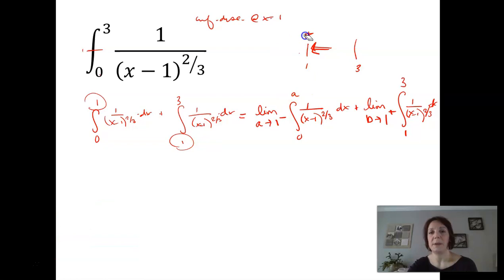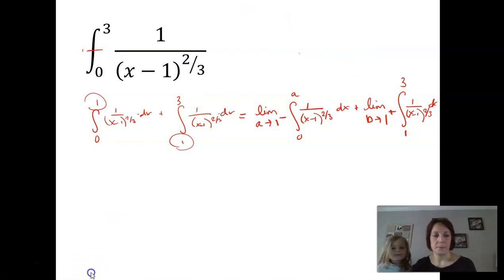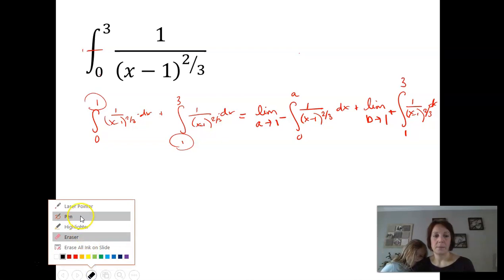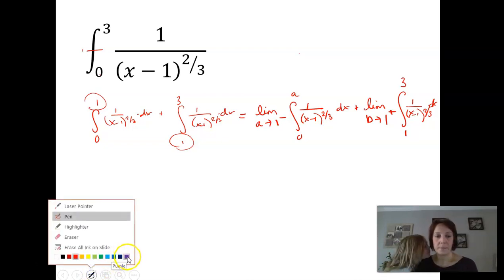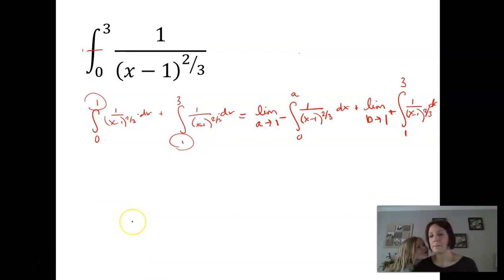I'm going to use this space up here. So let's see here. I have the integral. I'm going to rewrite this as to the negative 2/3 because that makes it easy to think about, right?